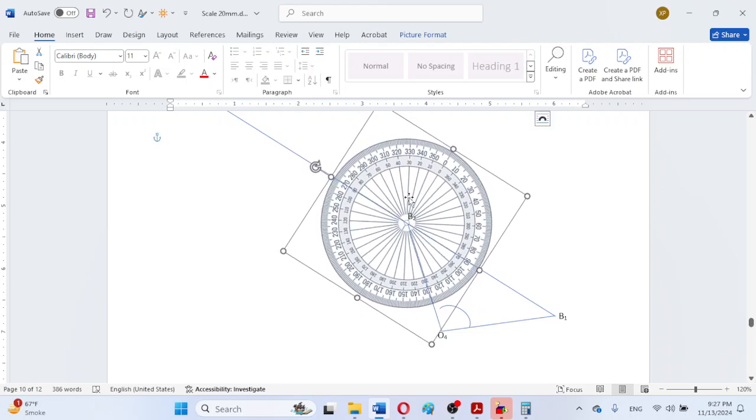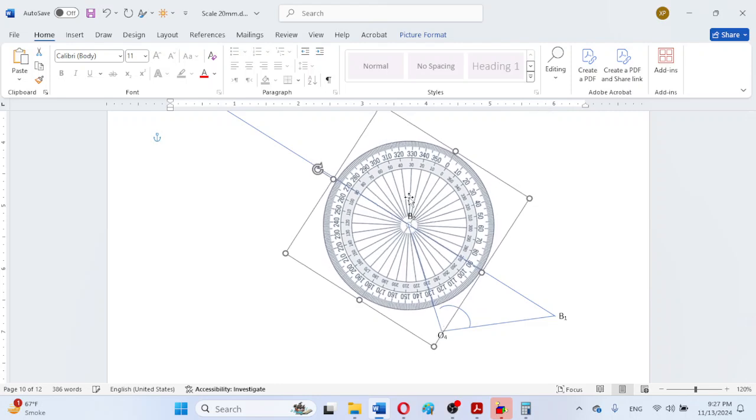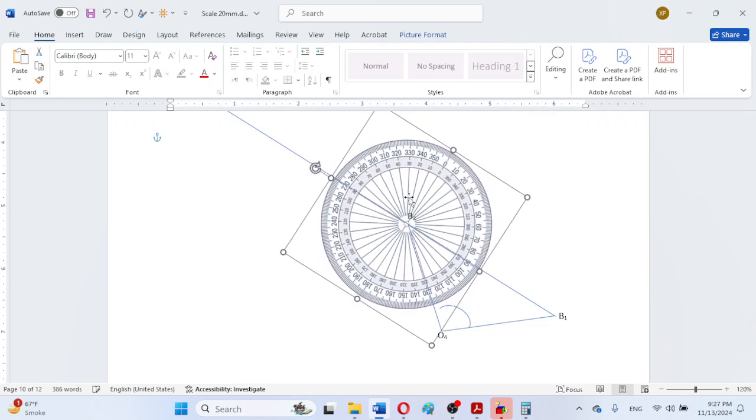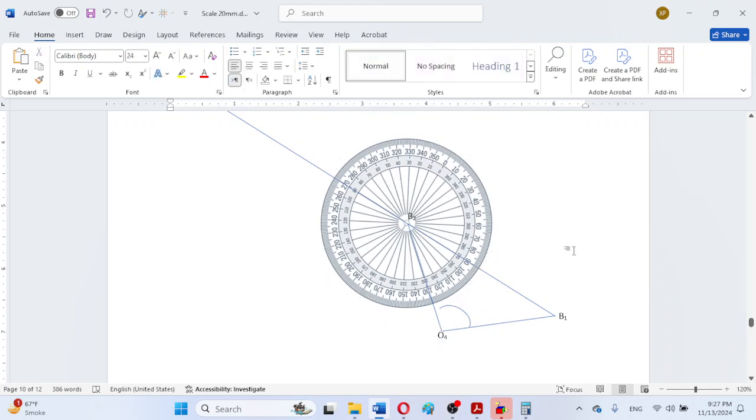We can use arrows here like this, so it is almost exactly on the line.